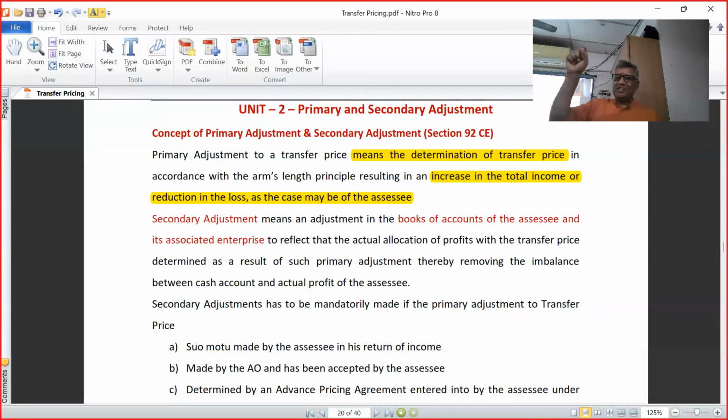Secondary adjustment means the adjustment made both in the books of the assessee and the AE to reflect the actual allocation of profits and to remove the imbalance of the cash account.